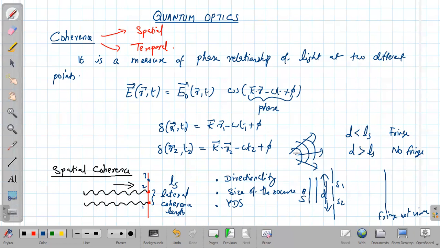Now, what about temporal coherence? In the case of temporal coherence, you check the correlation between two points along the direction of propagation.